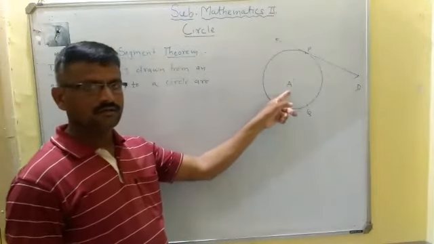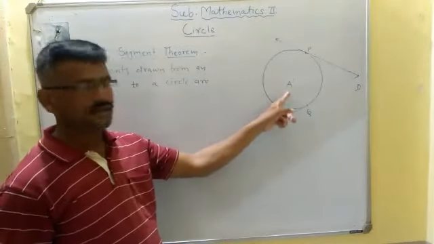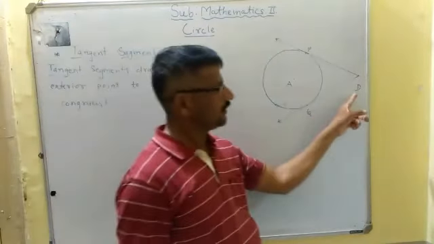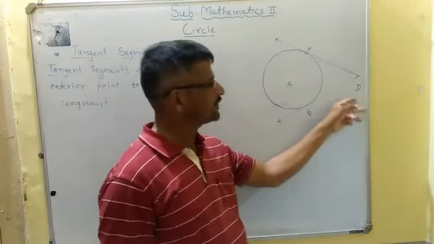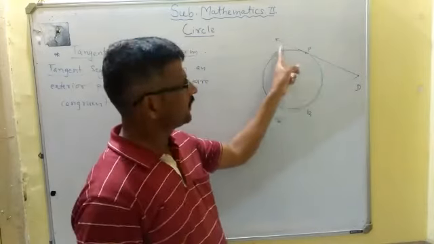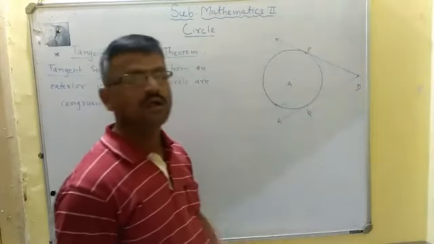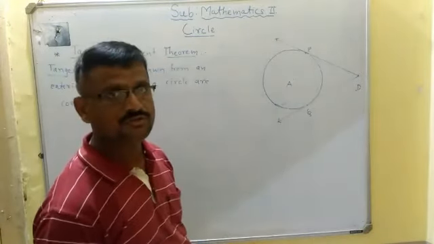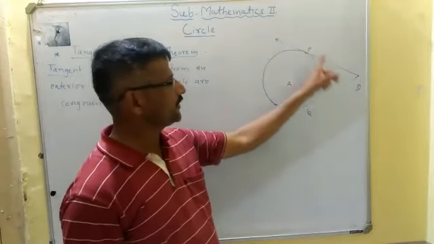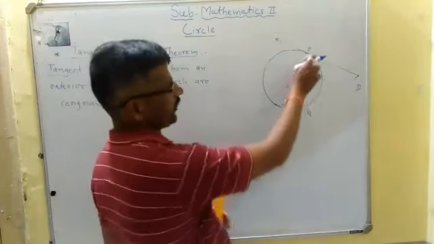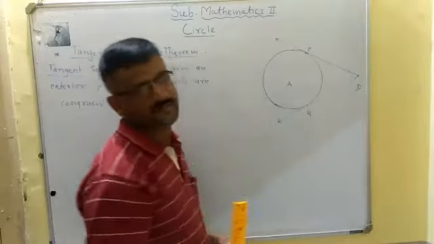Consider a circle with center A, and point D in the exterior of the circle, and lines PD and QD are the tangents passing through the point D that touch the circle at points P and Q respectively.